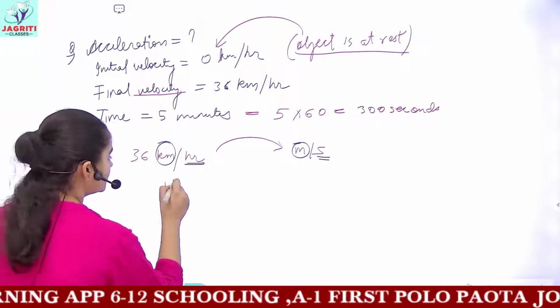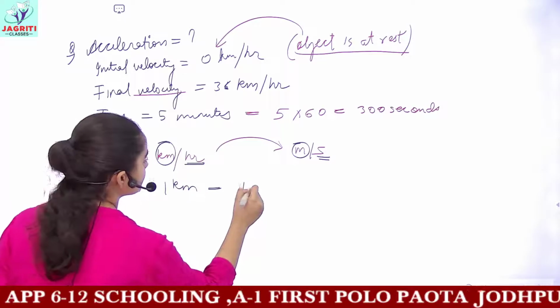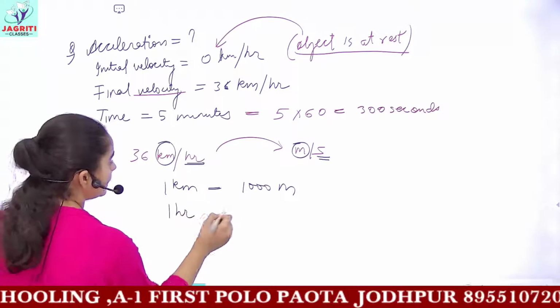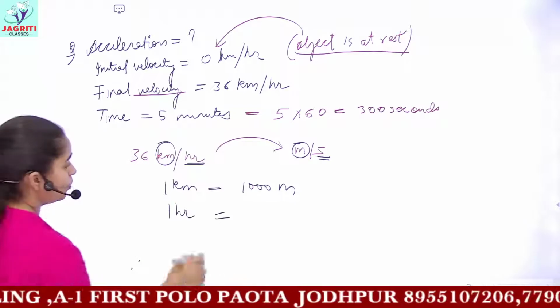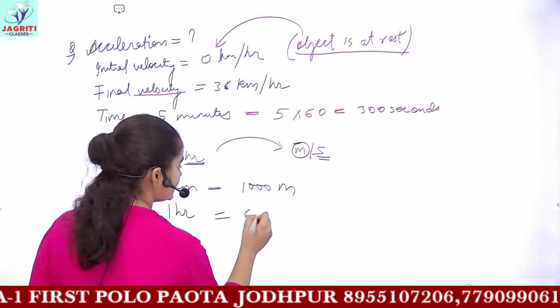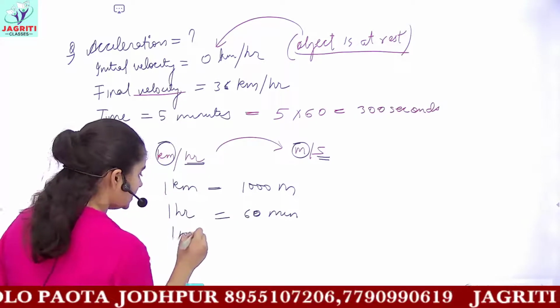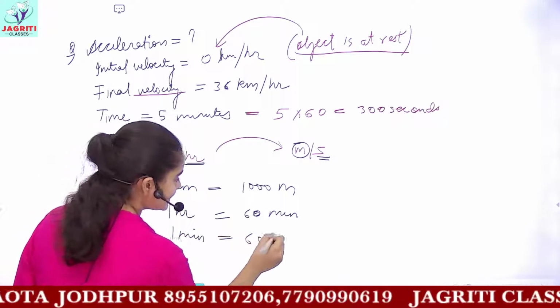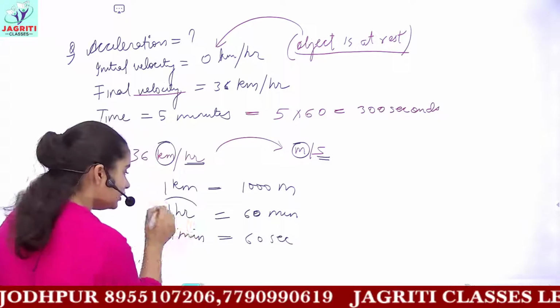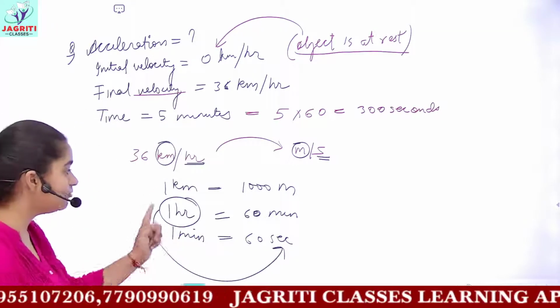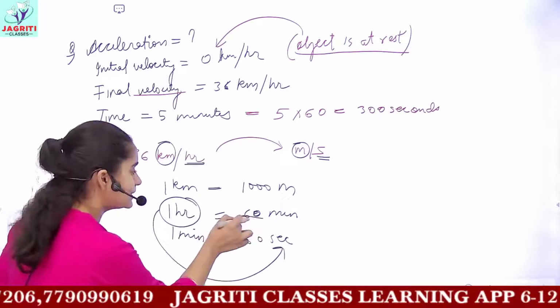You know that 1 kilometer has 1000 meter and 1 hour has how many seconds? So 1 hour has 60 minutes and then 1 minute is equal to 60 seconds. So for converting hour directly into second, you have to multiply the value twice with 60.